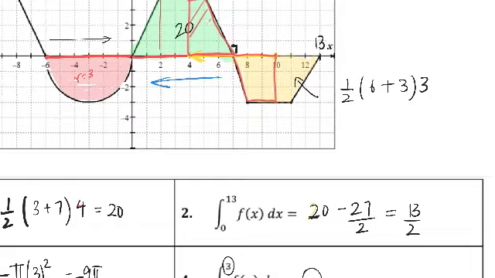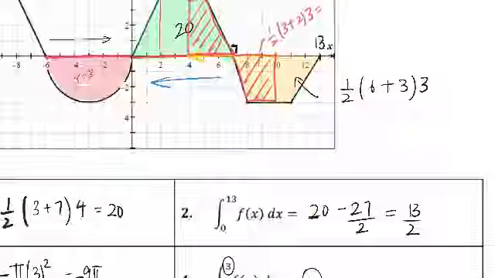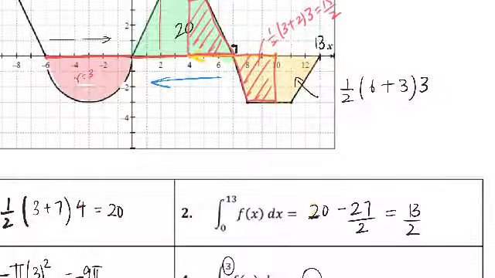I'm going from left to right, right? So let me just shade these. Okay, so this trapezoid on the bottom is 1/2 of 3, I think, plus 2 times 3, so that's 15 over 2. And this trapezoid here is 1/2 of 1 plus 3 times 4, which I believe is 8.